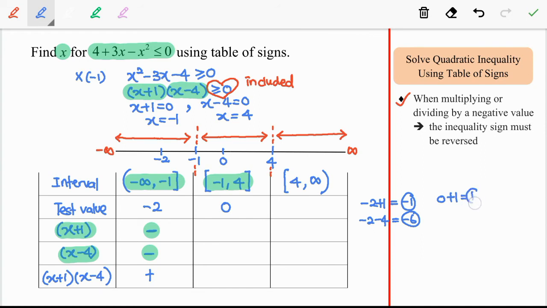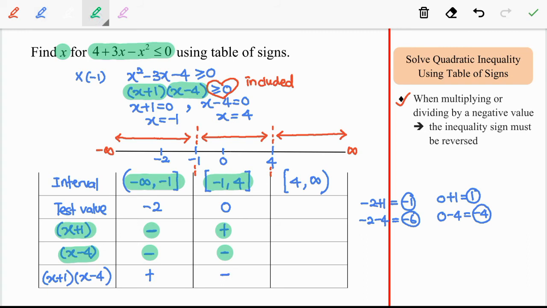So this is a positive value, so we put here a positive sign. How about factor x minus 4? So 0 minus 4 gives us minus 4. This is a negative value. So we put here a negative sign. So when we multiply these two factors together, we have positive times negative. So this gives us negative.